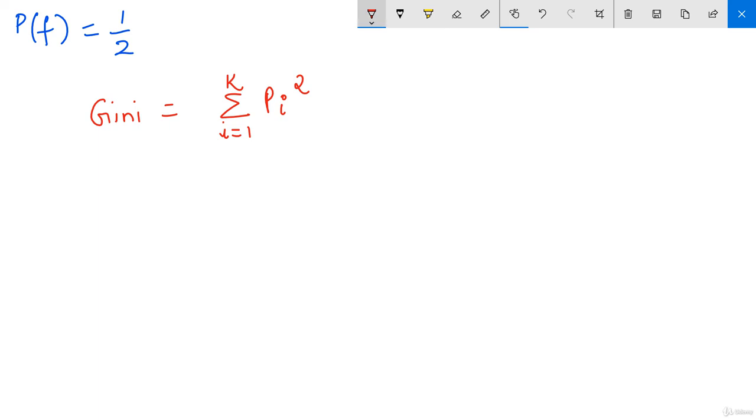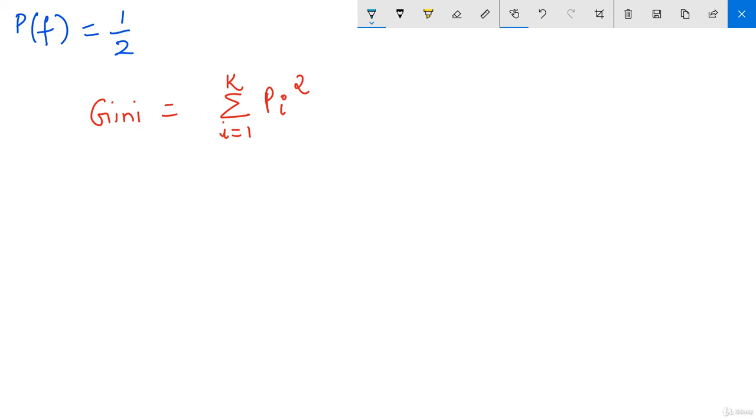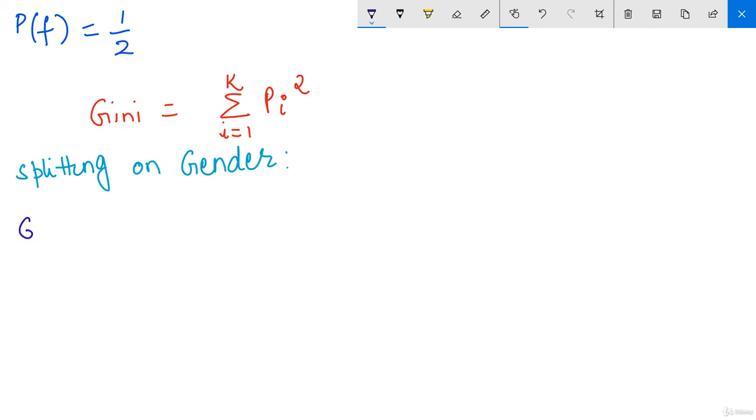I'll explain how we split now on the basis of Gini index, and that too on the basis of gender. On the basis of gender, let's split and put this into the formula. So the probability is 1 by 2 for female, and 1 by 50.